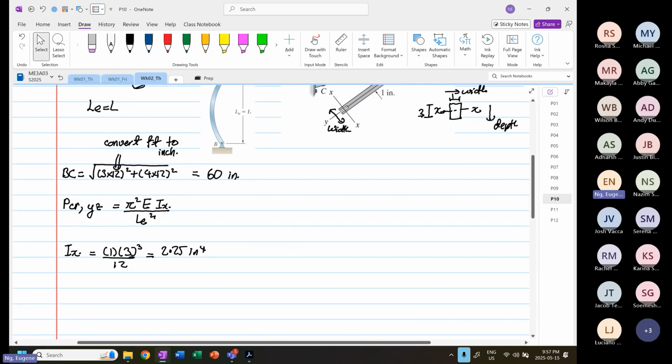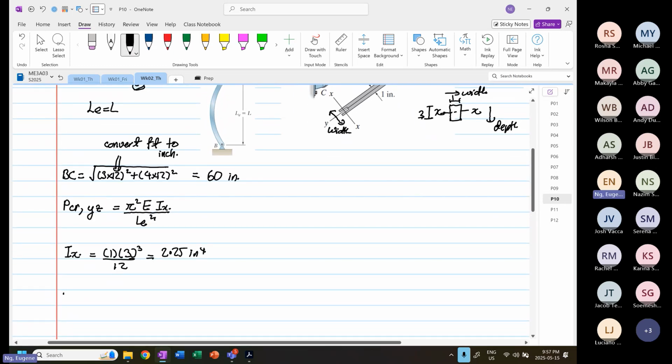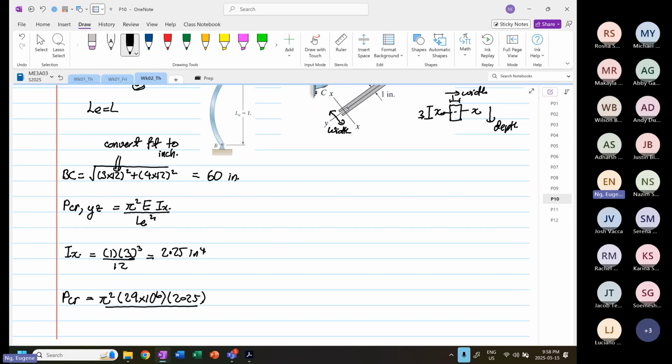So from here, we can calculate our P critical, which is equal to pi squared times Young's modulus, 29 times 10 to the power 6, times 2.25, divided by our equivalent length squared.